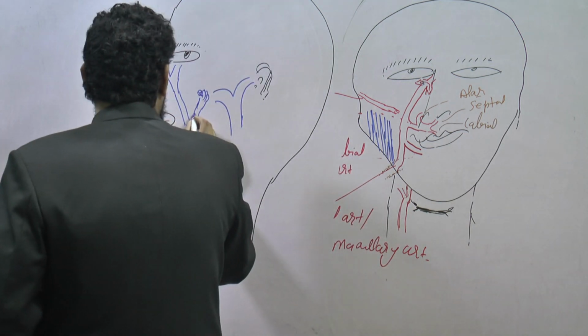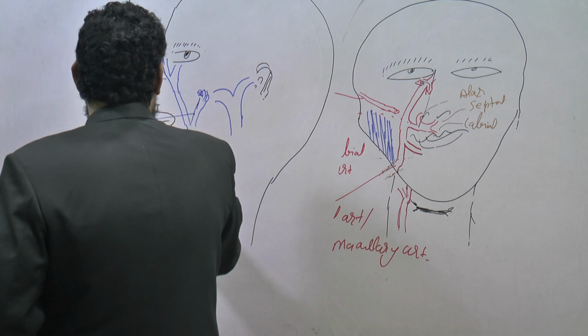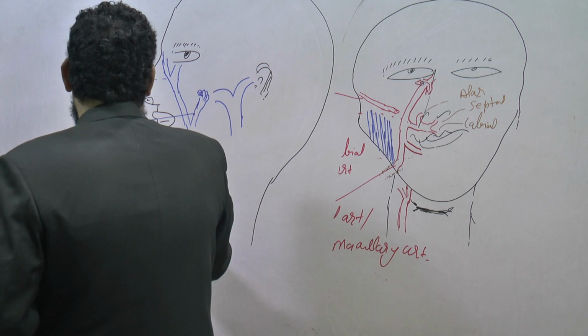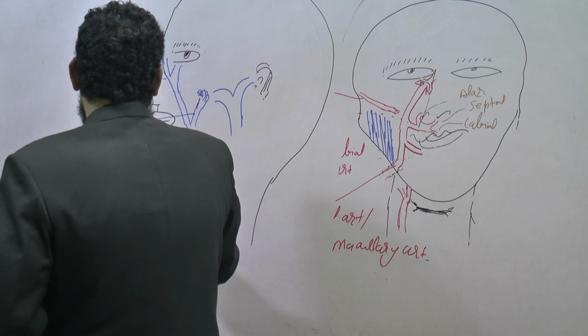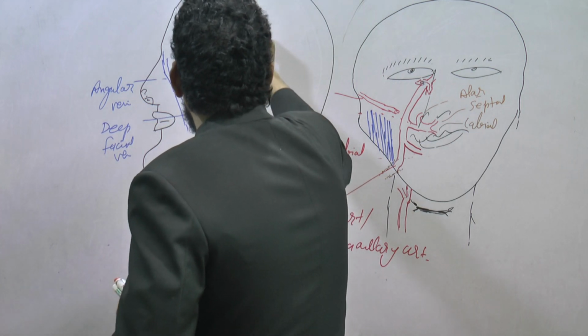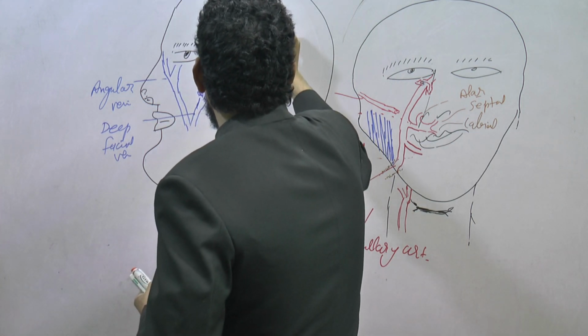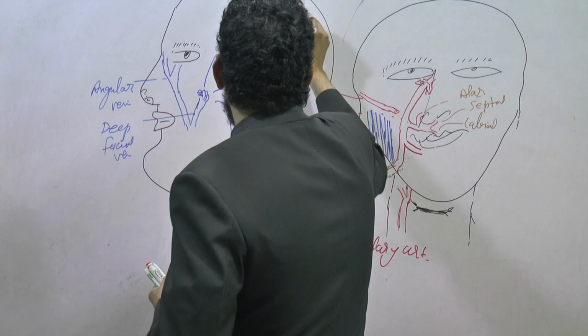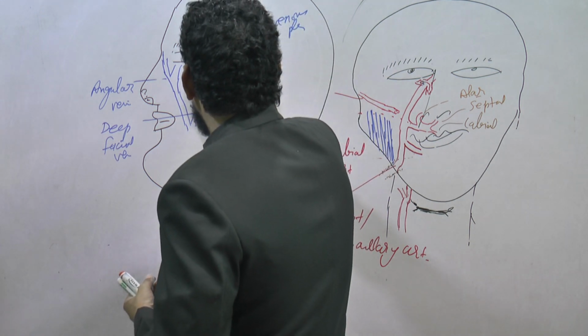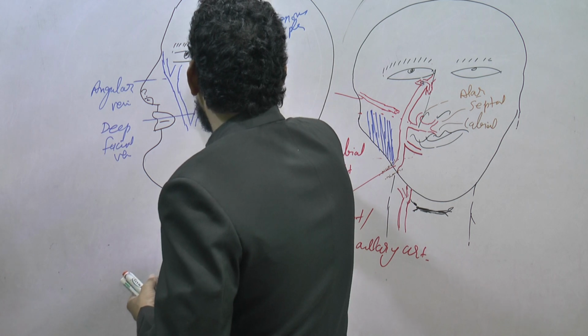So this is the deep facial vein, and this is the pterygoid venous plexus, and this is connected to the cavernous sinus.